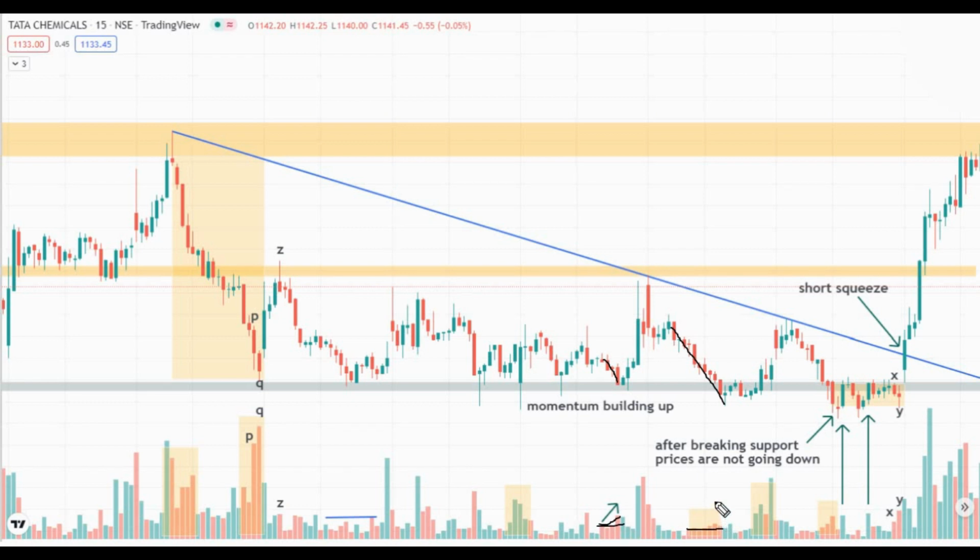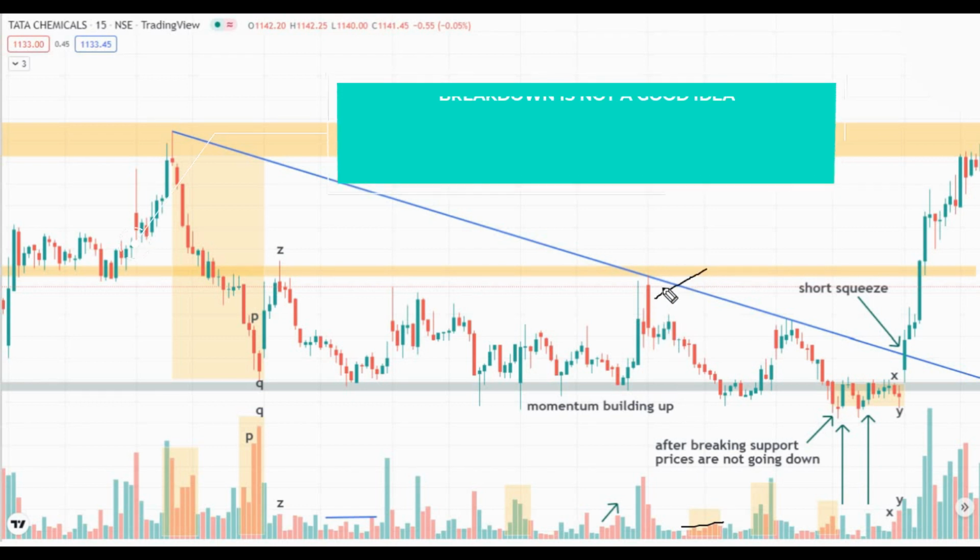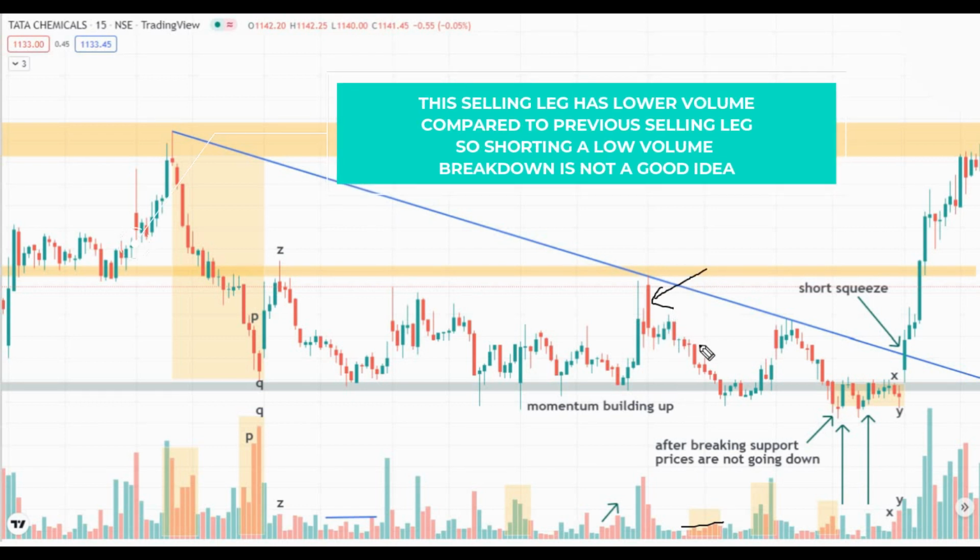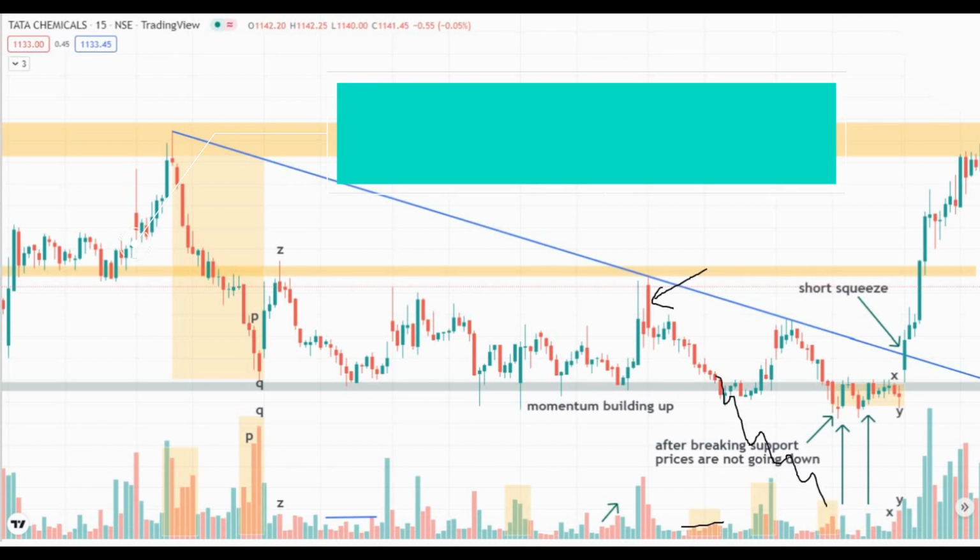This volume is much lower than this volume. So if with higher volume sellers couldn't break this level, what is the probability that with lower volume prices would directly break this level and continue the downward momentum?